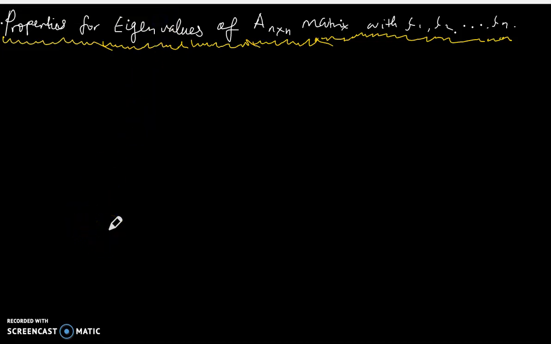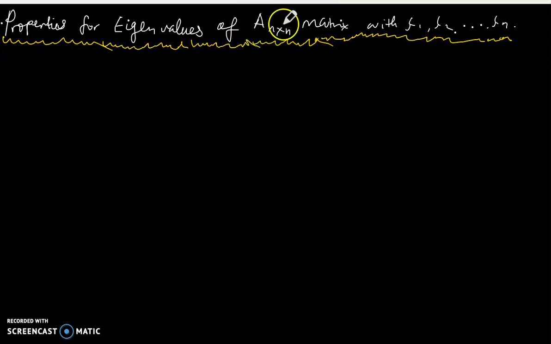Welcome to Chibuzor Mathphysics. In today's video, I want us to look at the properties of eigenvalues of an n by n matrix, with lambda 1, lambda 2, and lambda 3. This should be a 3 by 3 matrix.